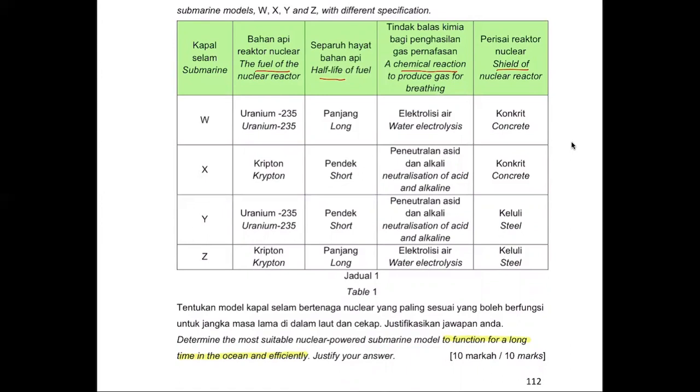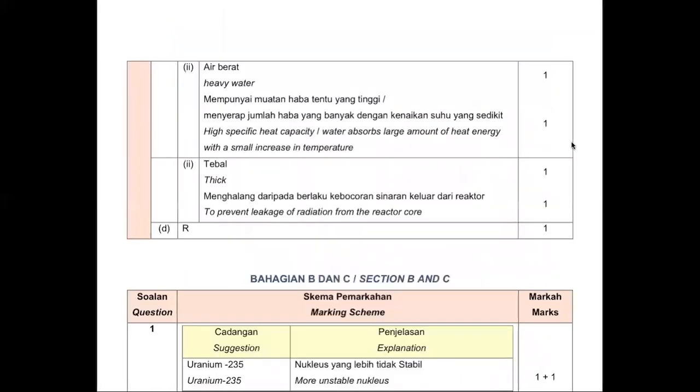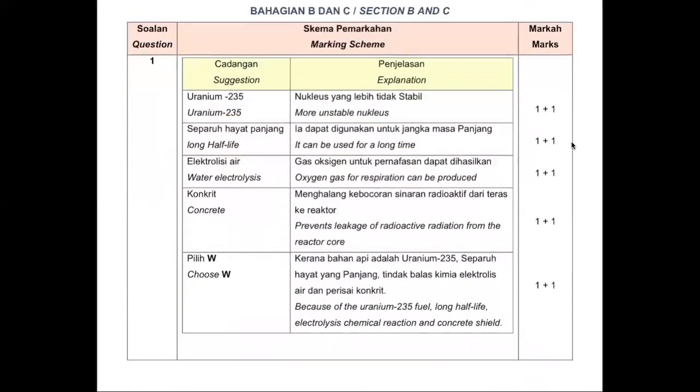So table form means you have to do at least two columns. So your answer should be something like this one.